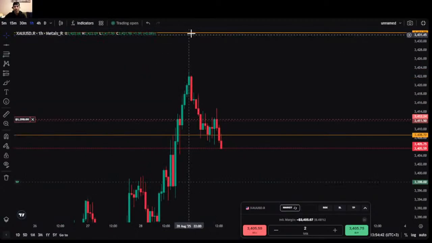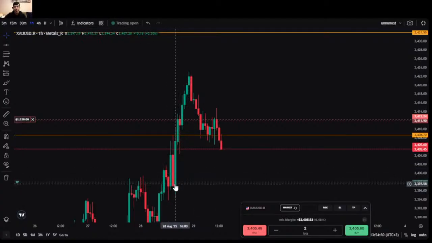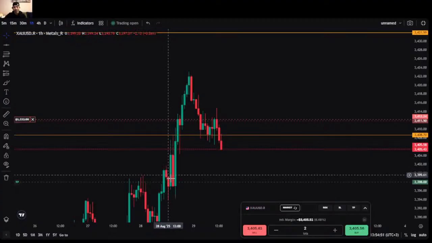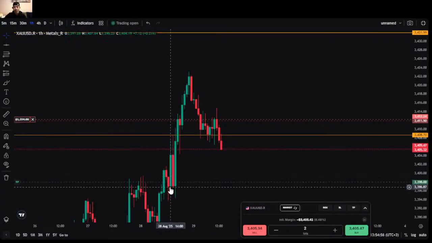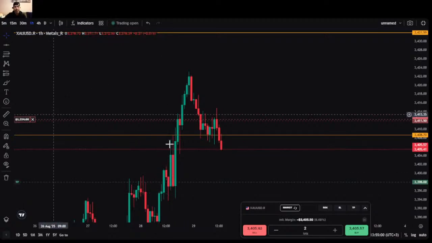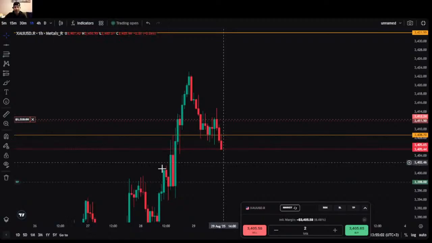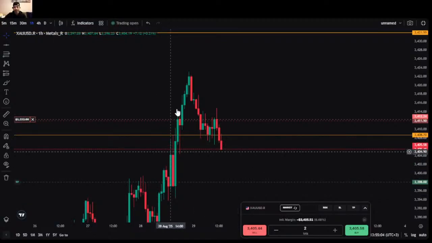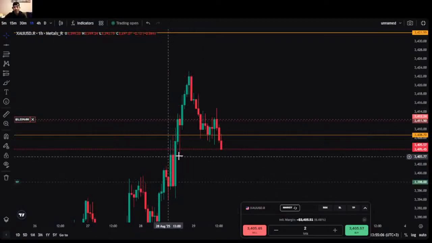The TP I had on stream was up here, but I think it went up as far as 190 something pips. We caught that entry right around here on stream yesterday. Actually, we got it in at 3396, so we got in down here somewhere. So gang, that whole move happened after.